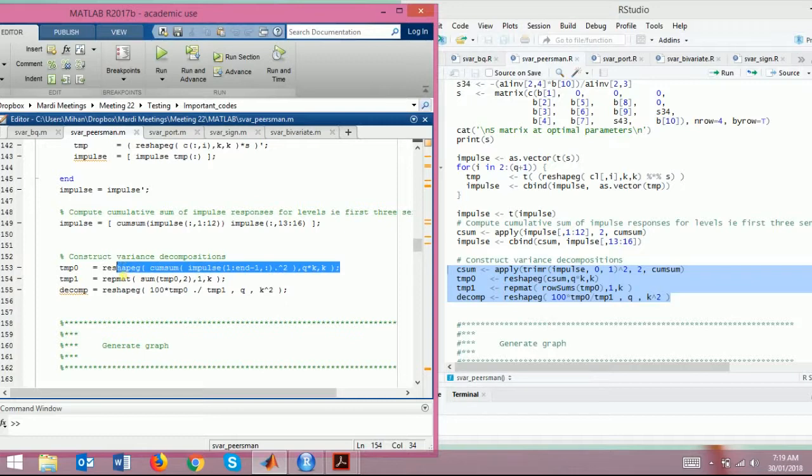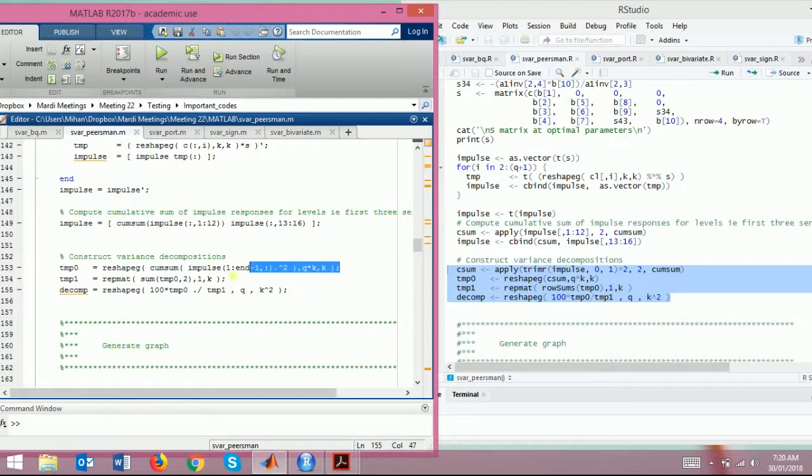So what we are doing is, let's repeat the stuff and sum them up. Sum is by columns, summing them by columns, repeating one more time, and then using it to divide, Q K square, which is N square.